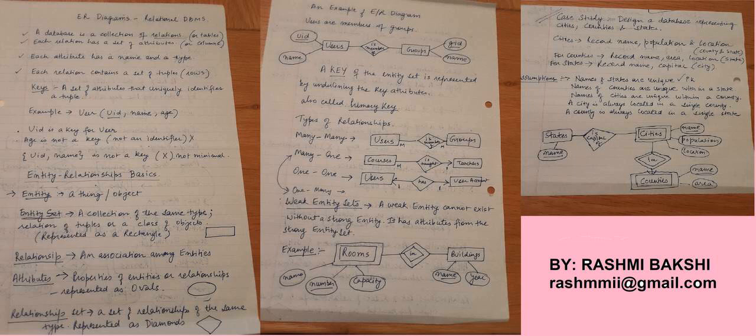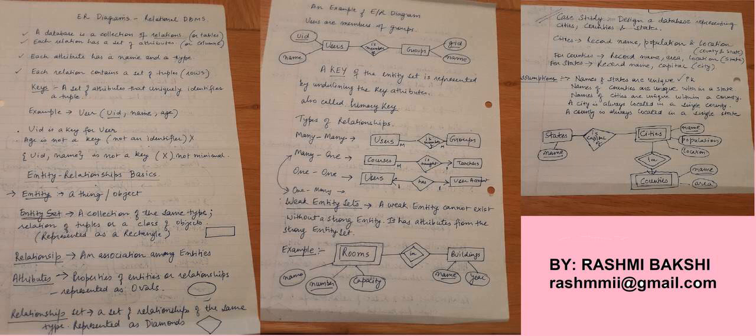So rooms are practically dependent on the building. If there is no building, room name and number cannot exist. Okay, so we can have a composite key of name and number in the rooms as the primary key, or it is adapting the name from the buildings. And capacity is another attribute in the room, which stands for the number of people that can be accommodated in the room.